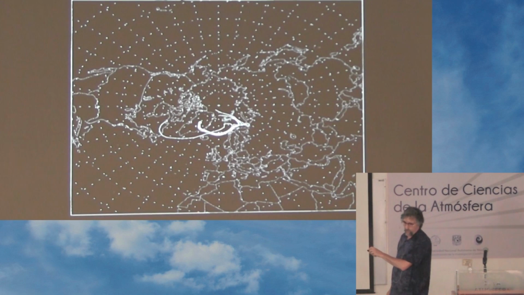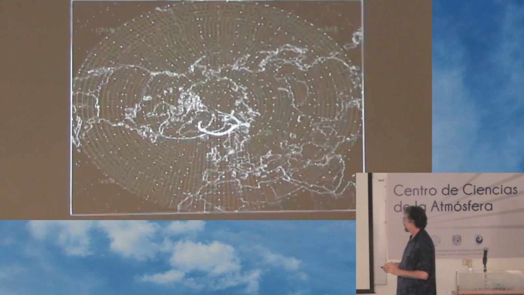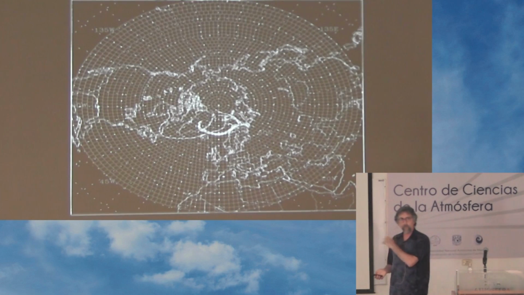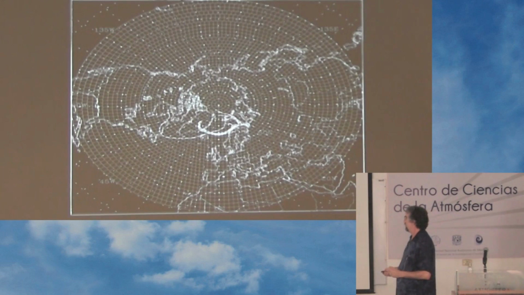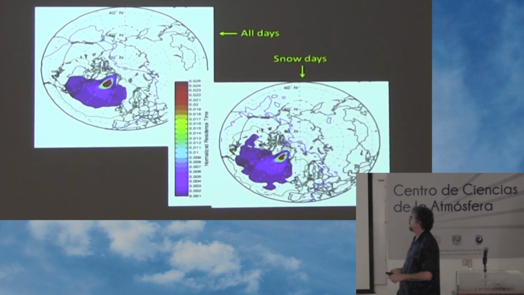These are back trajectories that are programmed to arrive at Summit, which is the top of the Greenland ice sheet. So the air goes like this. Okay, so we take the grid and we put it on top and we count the number of hours that the trajectories spend in each grid square. Okay, simple concept.